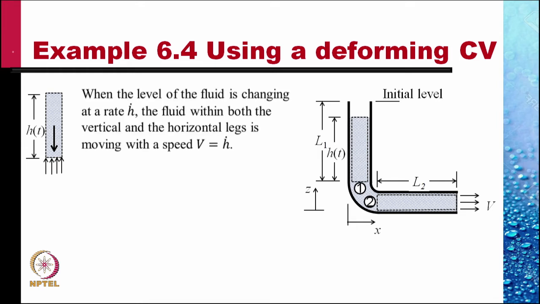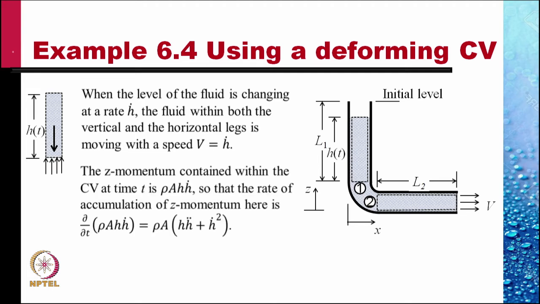When the level of fluid is changing at a rate h dot, the fluid volume within both the vertical and horizontal leg is moving with the speed v equal to h dot. If dh/dt is the rate at which the level is falling, h dot considered positive upward, then the velocity is h dot. Here the h dot would be negative, so velocity would be negative.